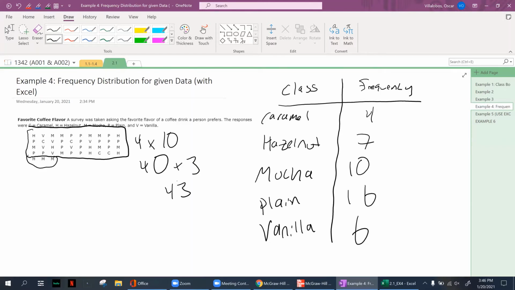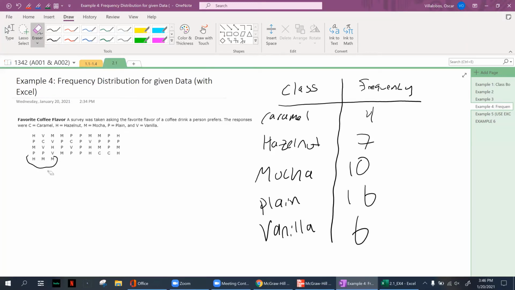So there should be 43. And whenever you add all these together, when you find the total frequency, the summation of the frequency, there should be 43 there. You can go ahead and check that. It should be 43, because it's easy to miscount as you're looking at the data.